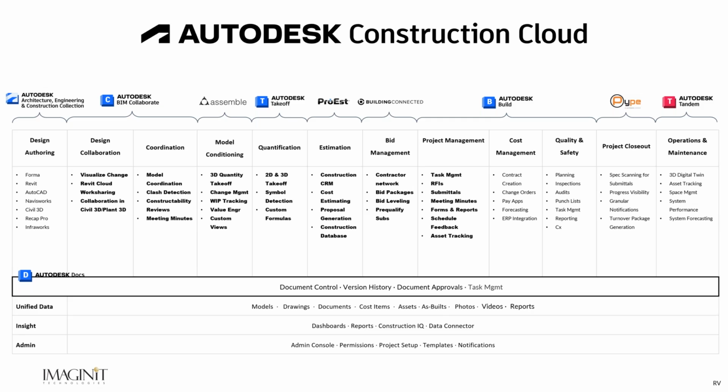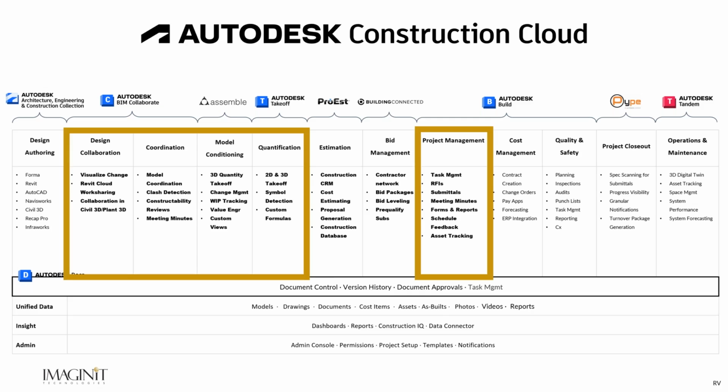For the sake of construction, the ones that I want to focus on primarily today are these products: Autodesk BIM Collaborate, Autodesk Assemble, Takeoff, and then we'll skip a couple of the estimating tools and go into Autodesk Build. You'll notice that Autodesk Build does support project management, cost management, quality, and safety.